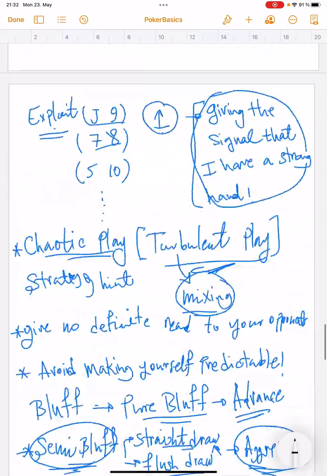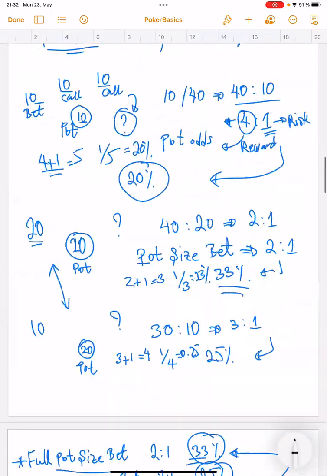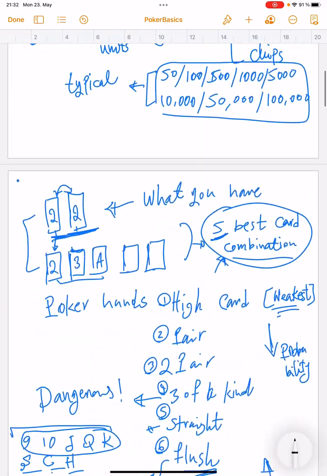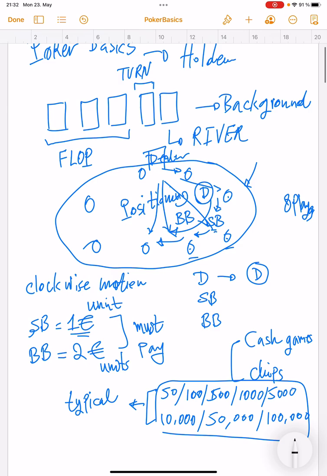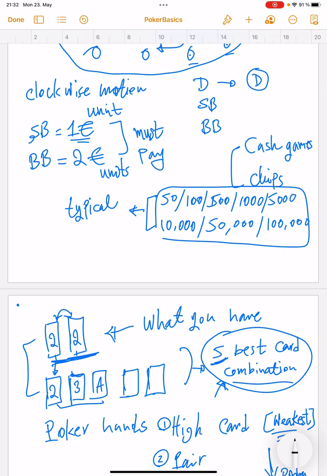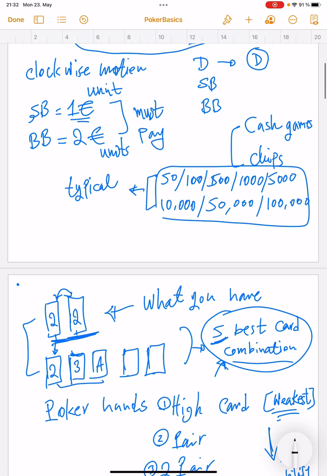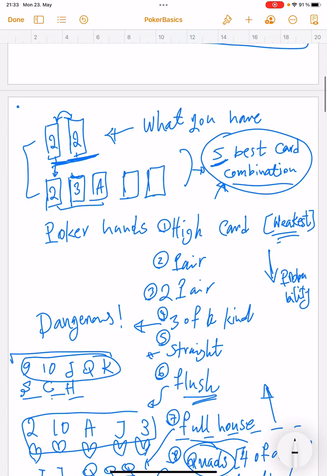Just as a recap, we talked about the general gameplay. Maybe I will not spend too much time on this one. The general gameplay was that we had a dealer button, small blind, big blind, then the game goes clockwise. The dealer button also shifts to the left after each hand that is played. We can have cash games and games with chips, or sort of tournaments, you may say.